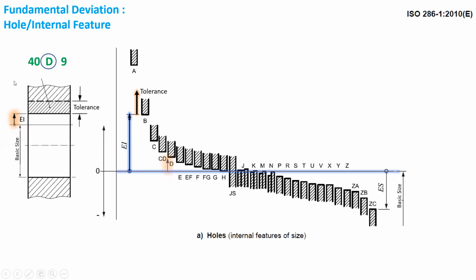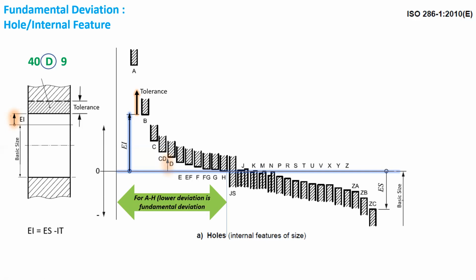So this 40D9 can be represented by this figure. Here we can see that the lower deviation is the fundamental deviation, and the tolerance zone is extending upwards from it. Once we know the lower deviation and the tolerance, we can find the upper deviation using the formula as shown.